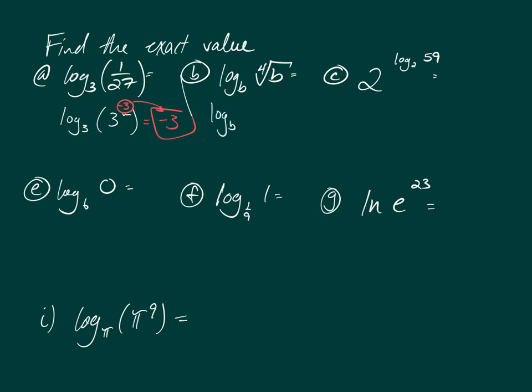Log base b of b. Whatever exponent is on b on the inside, like this right here, 1st power, the exponent will go on the top. And whatever number is in the root here will go in the bottom of the exponent. So now we have log base b of b to the 1/4 power. So the answer here will be that exponent, 1/4 power.